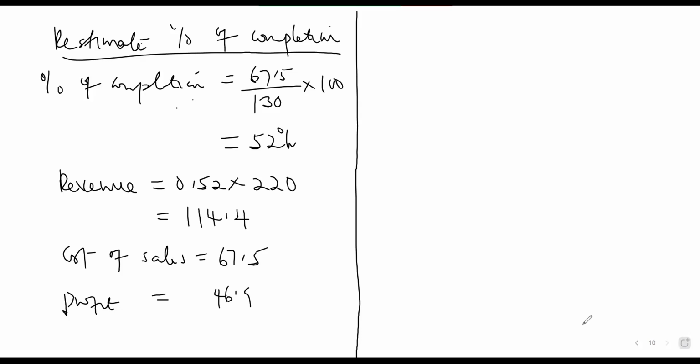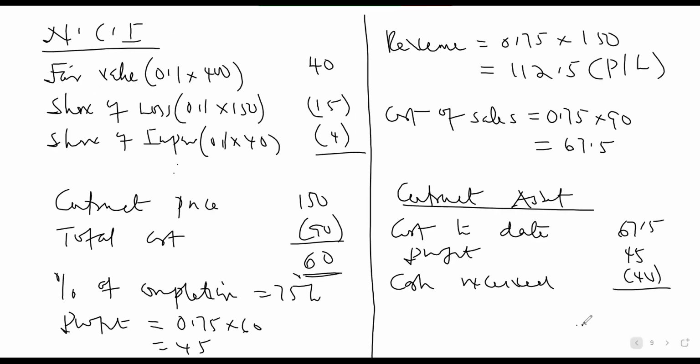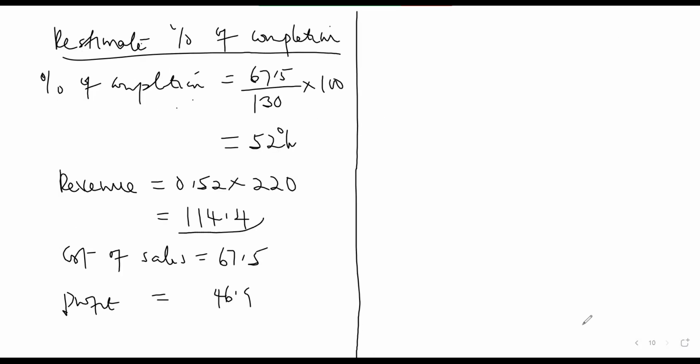So let's now do this. The revenue recognized first was what? 112.5. What's supposed to be the actual revenue? 114.4.